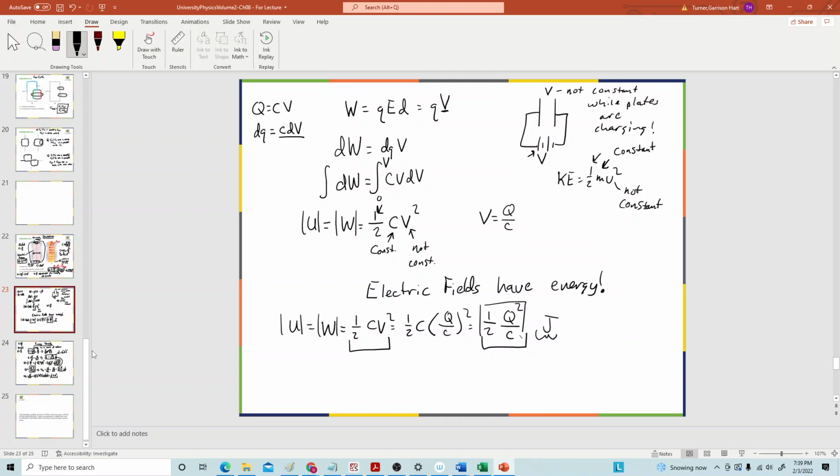The total amount of energy is usually going to be very, very small. Your energy density, on the other hand, can be very high.